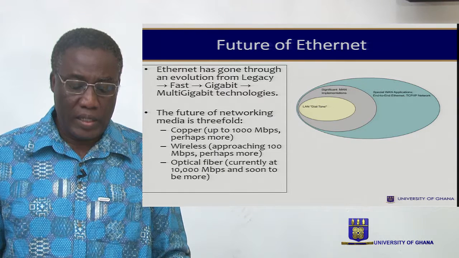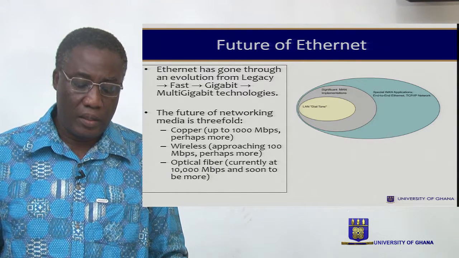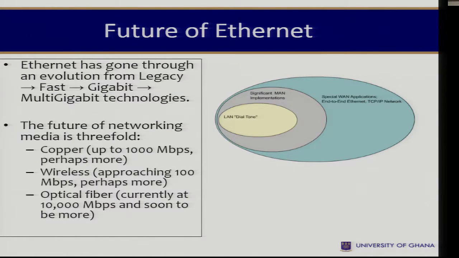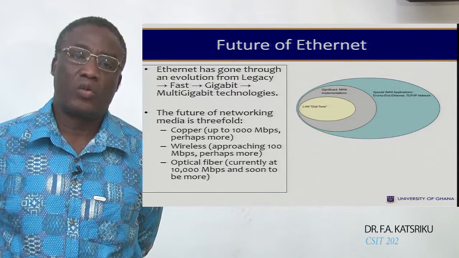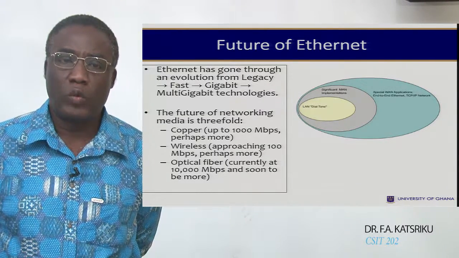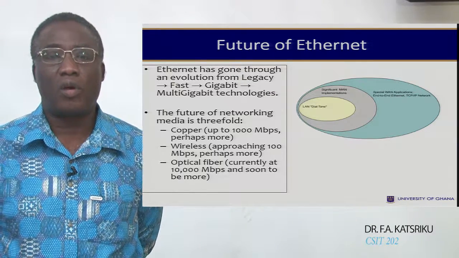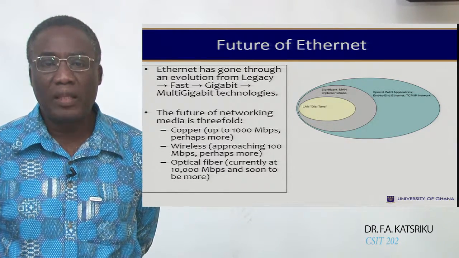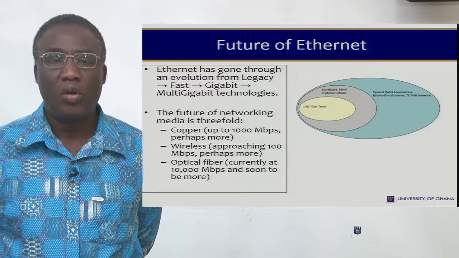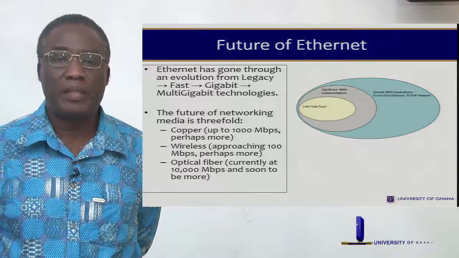Where is the future of Ethernet? Ethernet has gone through an evolution from legacy, fast to gigabit, and we are now talking about multi-gigabit technologies. The future of networking media is threefold. Copper, you can get up to 10,000 megabits, perhaps more. Wireless, approaching 100 megabits, perhaps more.